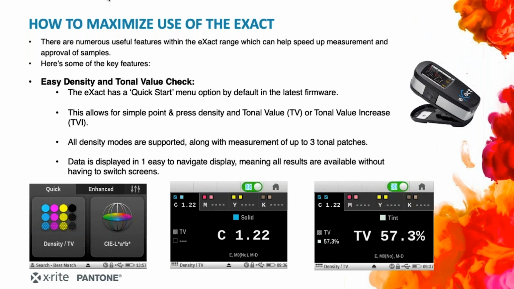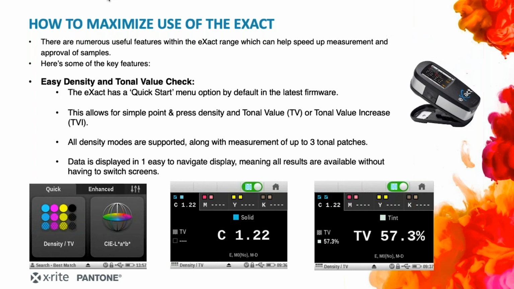Plus the quick menu will also allow you to measure up to 3 different tonal patches. Typically these are defaulted at 75, 50 and 25% tonal areas, but it can be customized.